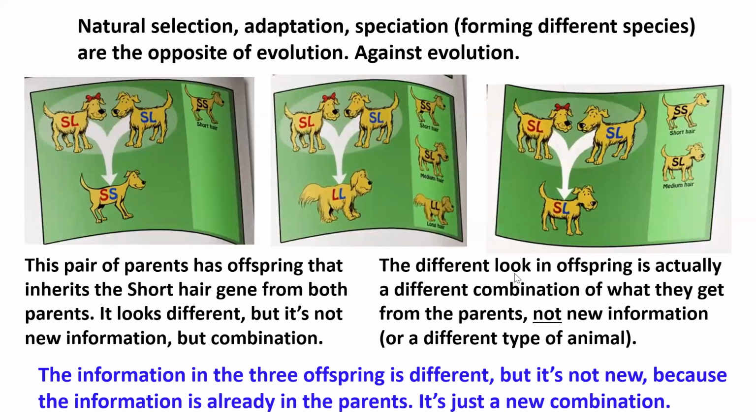It's actually a different combination of what they get from the parents. It's not new information, and it's not a different type of animal. So the information in the three offspring is different, but it's not new, because the information is already in the parents. It's just a new combination.